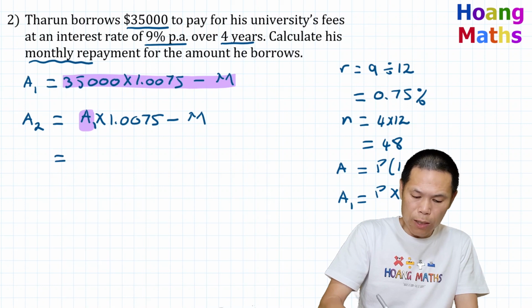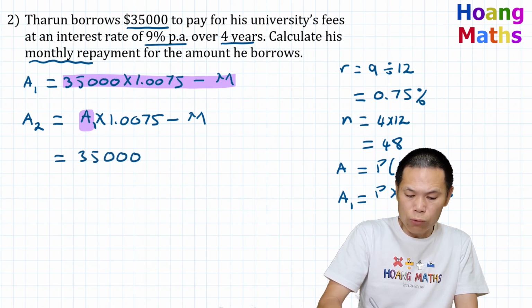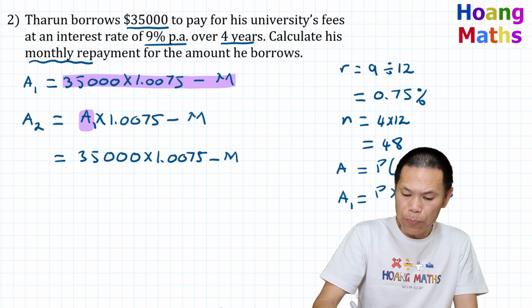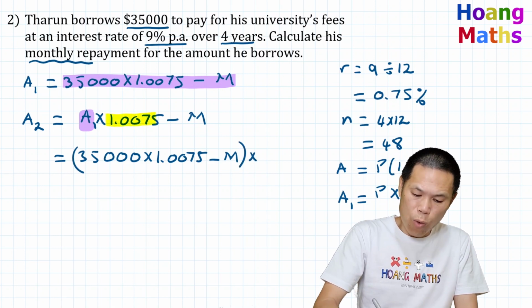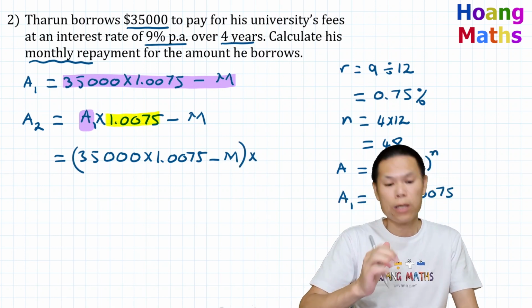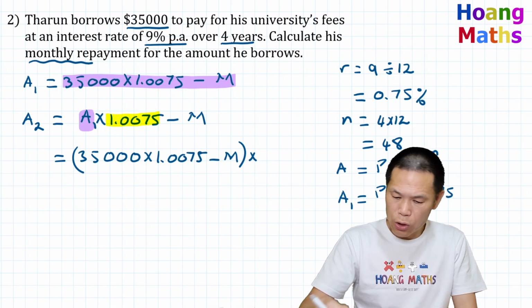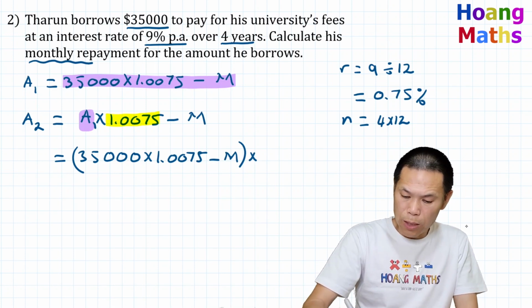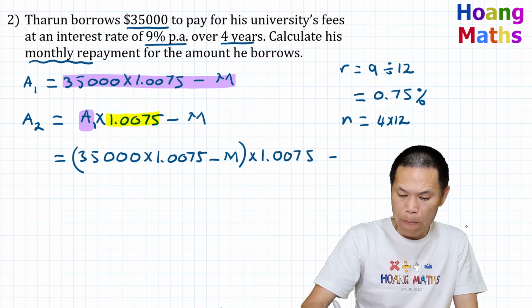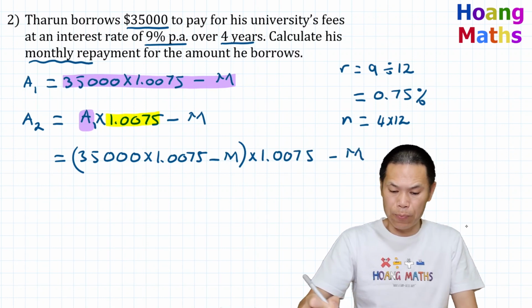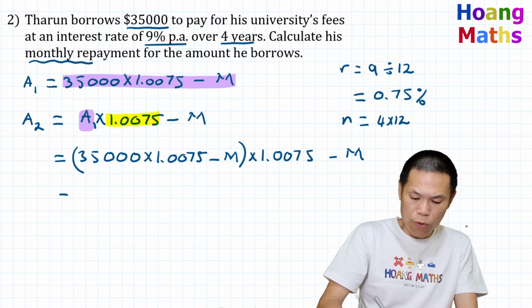So that will give me A2 is 35,000 times 1.0075 minus M, and we times 1.0075. So let me just clear this. That will give me 1.0075 minus M. Now I just remove the brackets.